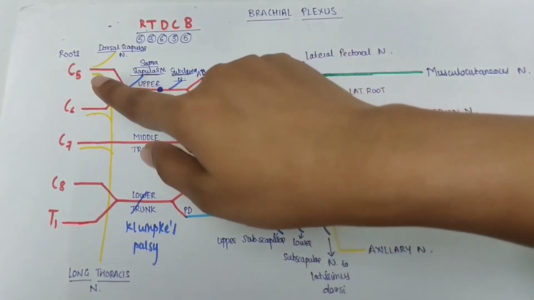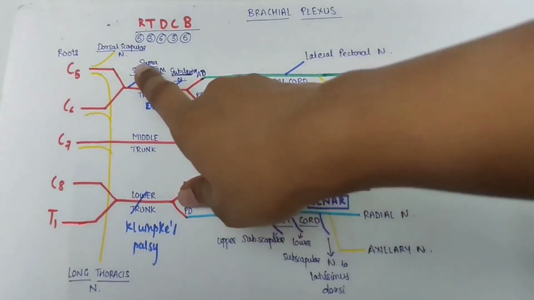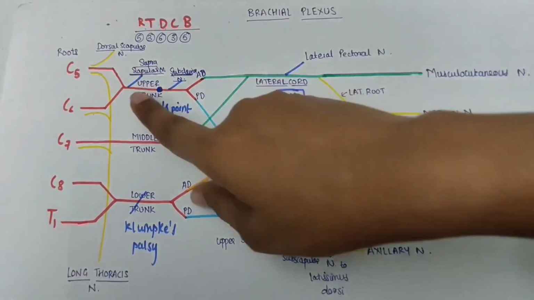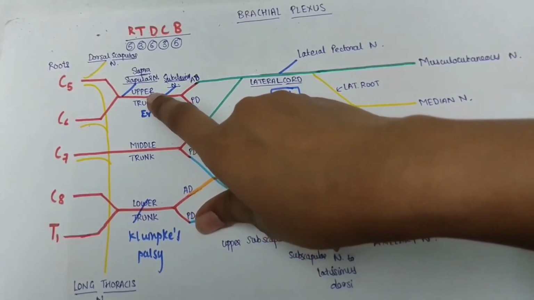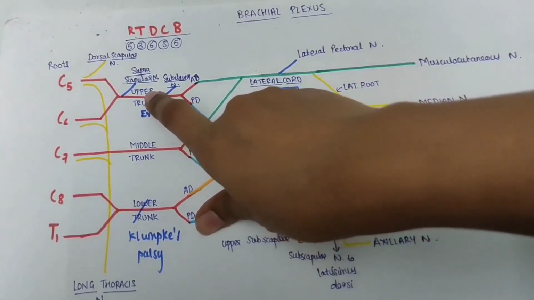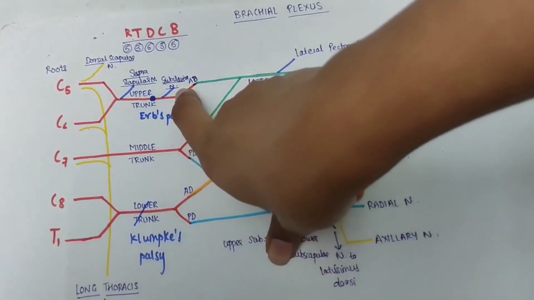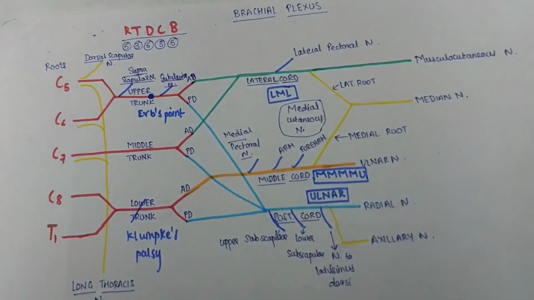Then one branch comes from C5 which is the dorsal scapular nerve, which supplies the dorsal scapular muscles. Then comes the suprascapular nerve from the upper trunk which supplies the suprascapular muscle. Then comes the subclavius nerve which supplies the subclavius muscle of the clavicle. Now, these are the total nerves which supply in the brachial plexus.